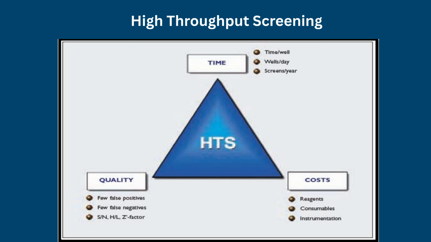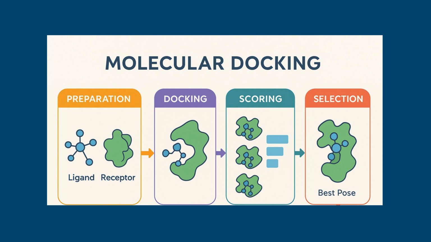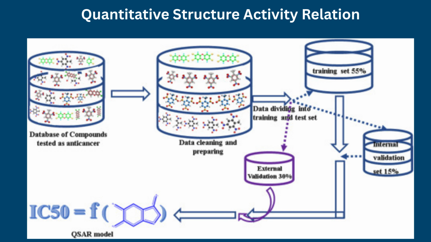Virtual screening methods, including molecular docking, pharmacophore modeling, and quantitative structure-activity relationship analysis, complement experimental approaches by predicting interactions between compounds and biological targets. However, computational predictions must ultimately be validated experimentally.